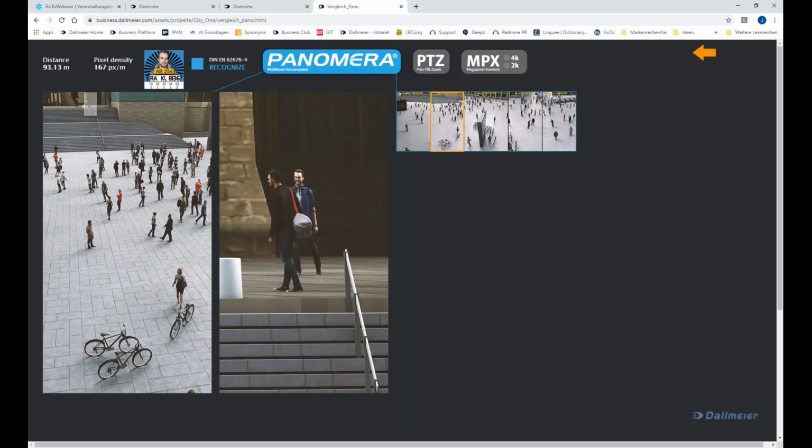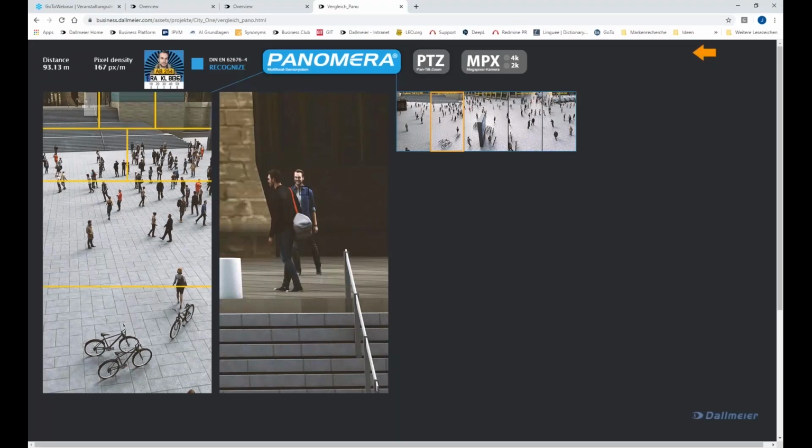I mean, this always depends on the customer requirements, and we have a very clear view on what's going on. And now also multiple operators could open up different windows here or different zoom areas. So you could have 10 operators looking at that crowd, at different people in that crowd, for example.